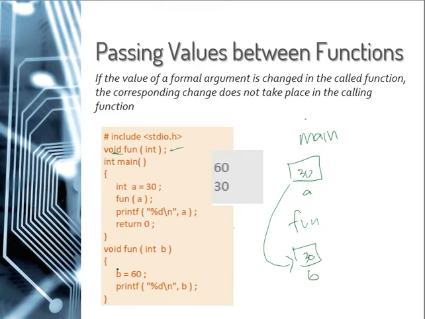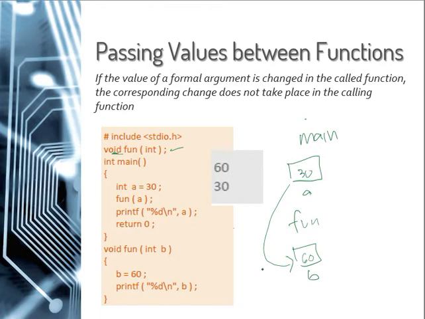Now, inside the fun function, our b is changed. It becomes 60. So here, the value of b was changed into 60.